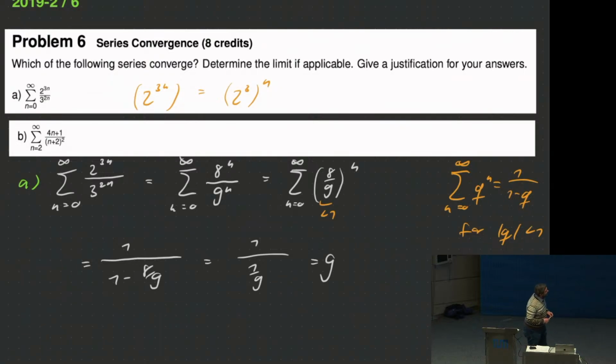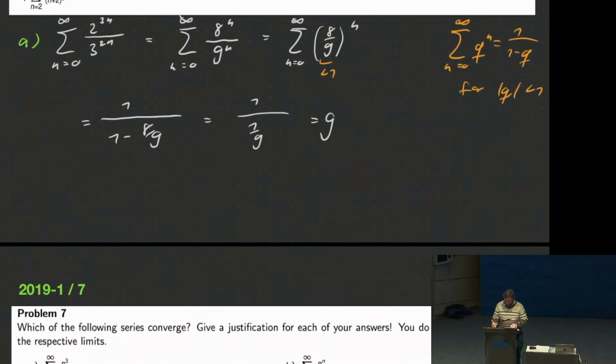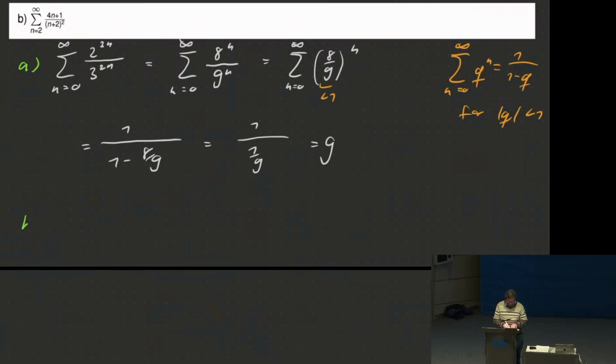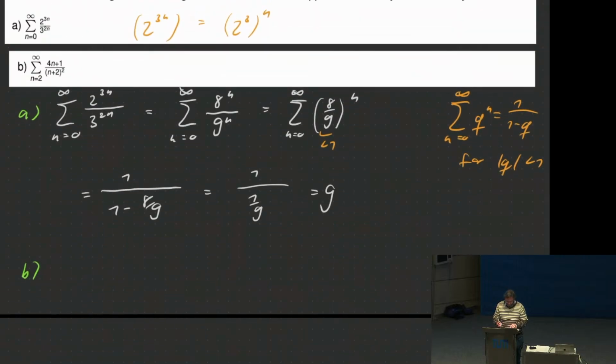And here, thankfully, a majority says the series does not converge. And that is, of course, the right answer. Let's write that down once again. So here, 4n plus 1 over n plus 2 squared from 2 to infinity.